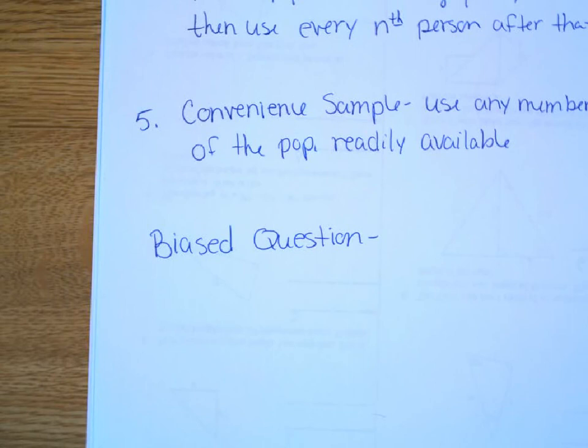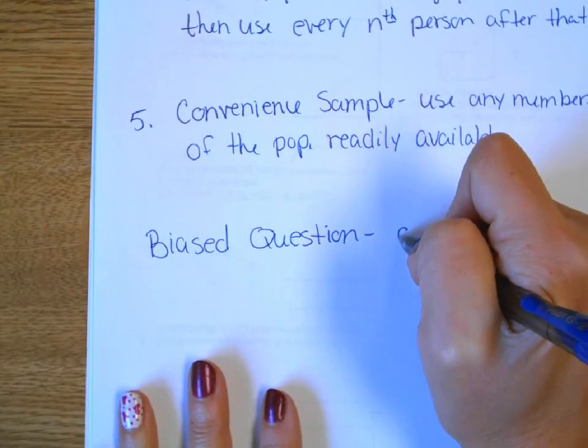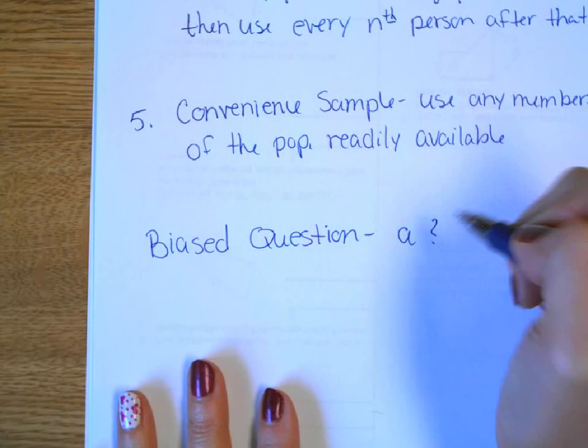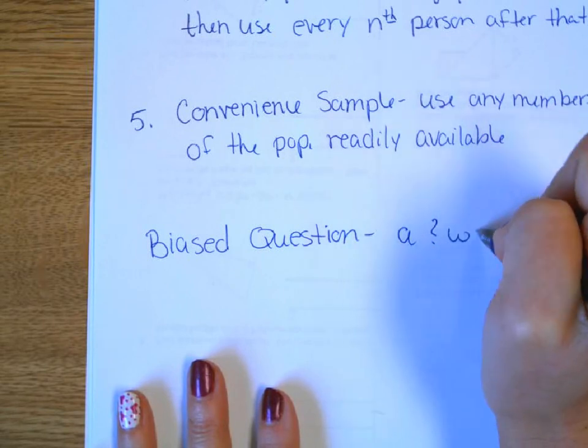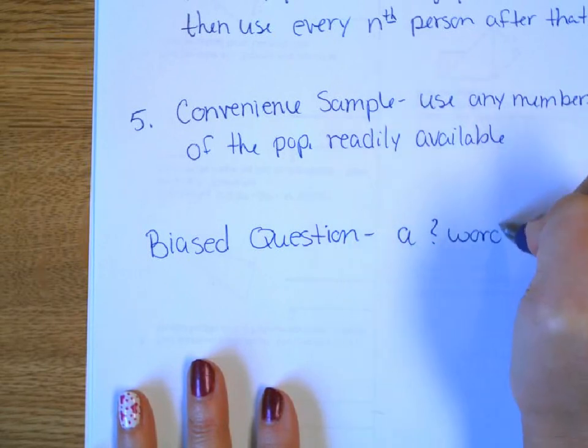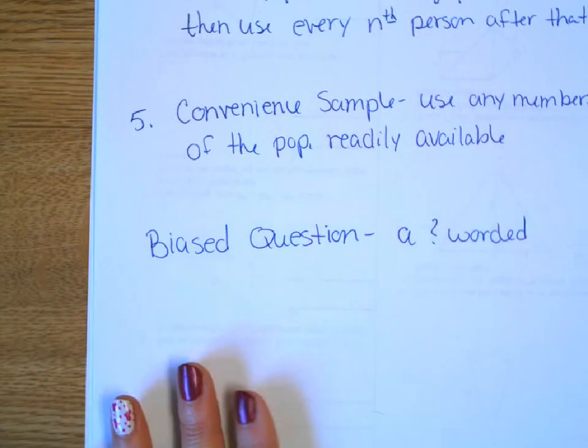So a biased question on your survey. What's a biased question going to look like? What makes it biased, do you think? Well, the only thing I could think of is your facial expressions. Because if you were like, oh yeah, do you like Gatorade? Powerade. That's one way.